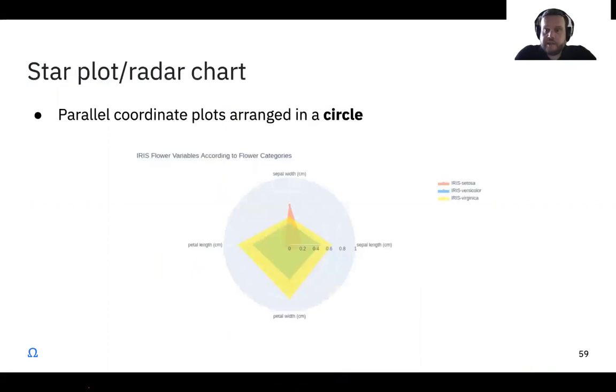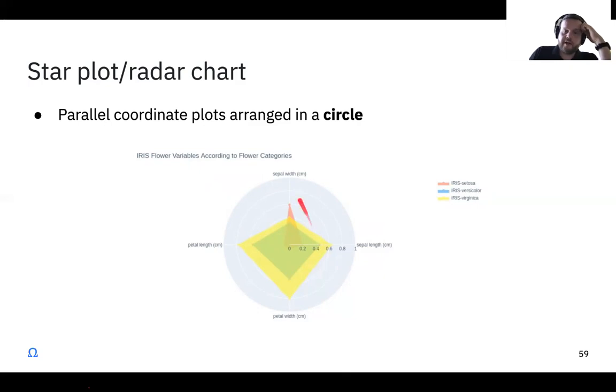Another plot that we might want to use is what is called a star plot or radar chart. So there are two pretty equivalent terms. So pick your poison. And again, if we visualize our favorite iris data set, then a star plot of it looks like this.